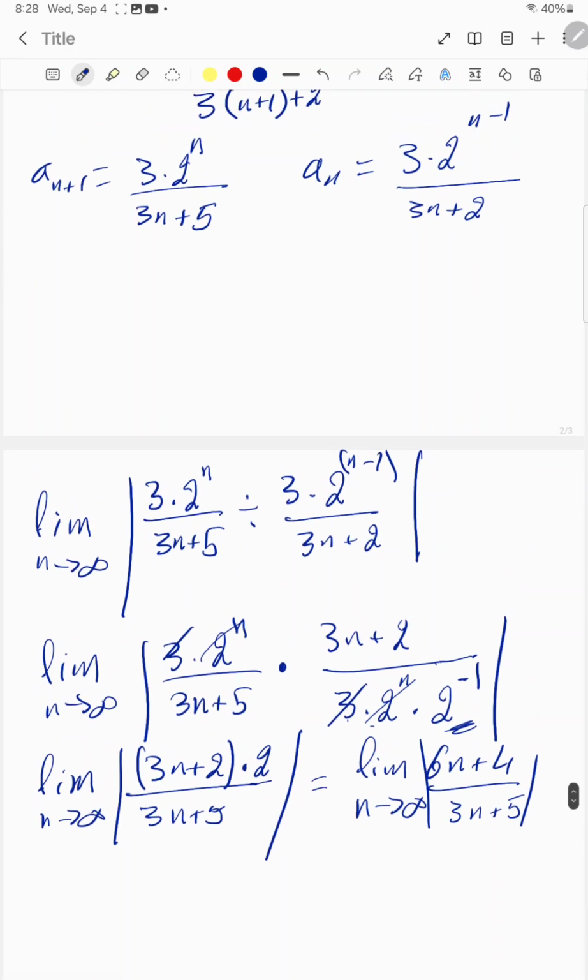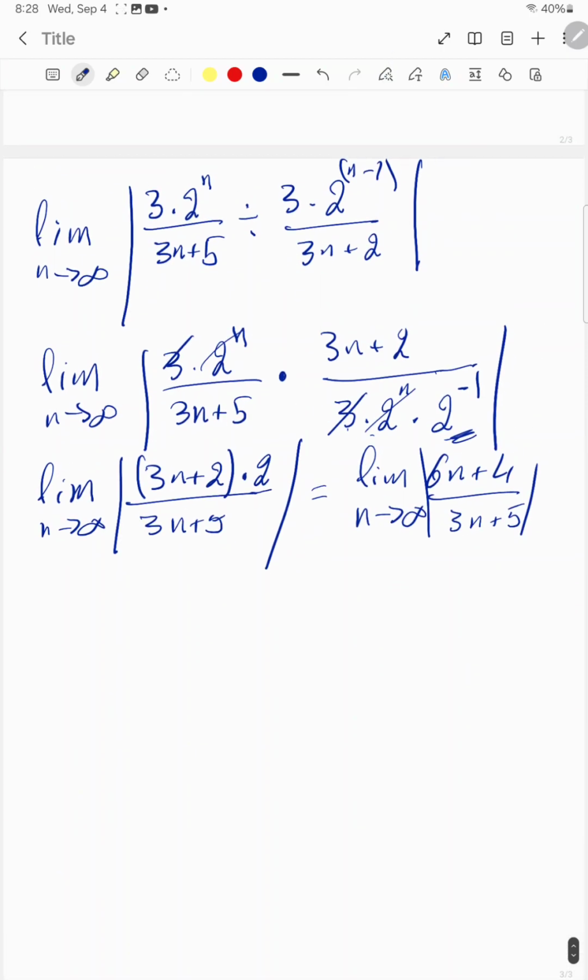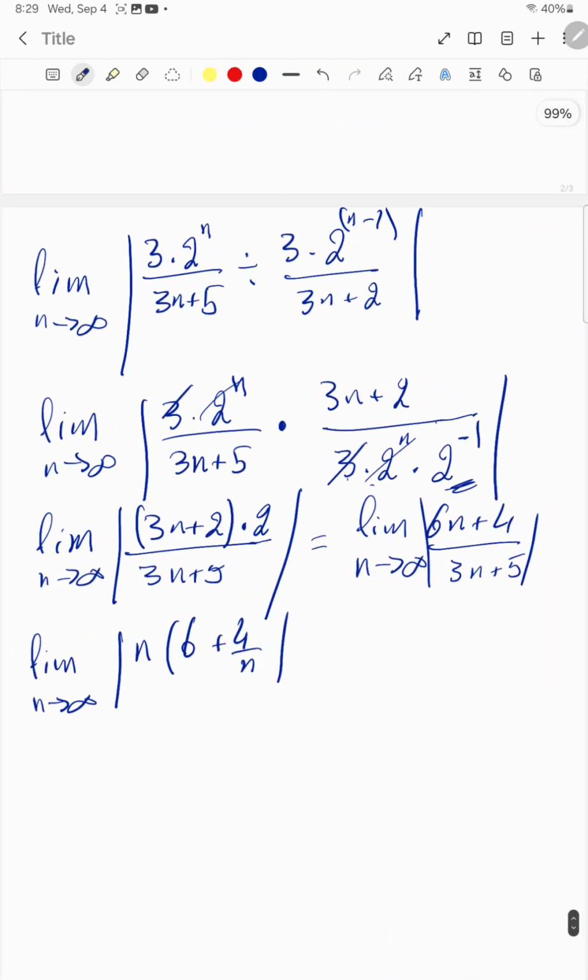I can factor out n in that limit. So the limit when n goes to infinity of n times 6 plus 4 divided by n, because n times 6 is 6n, and n times 4 divided by n is 4n. And I factor out n here, and it becomes 3 plus 5 divided by n.